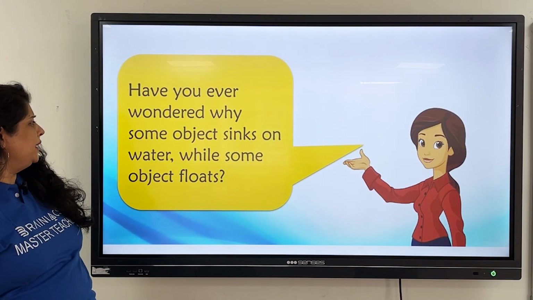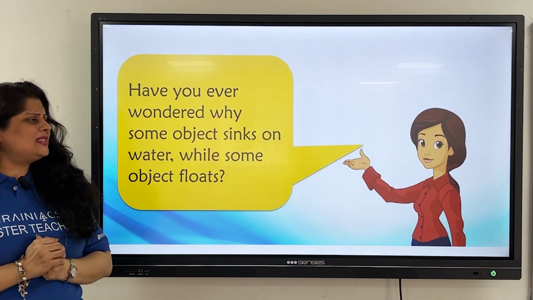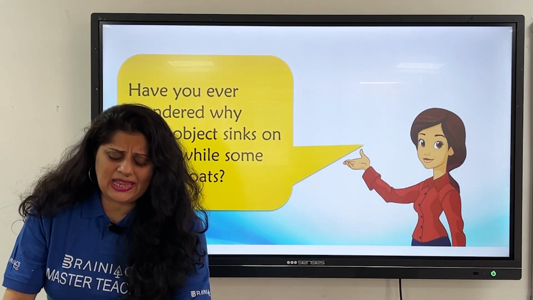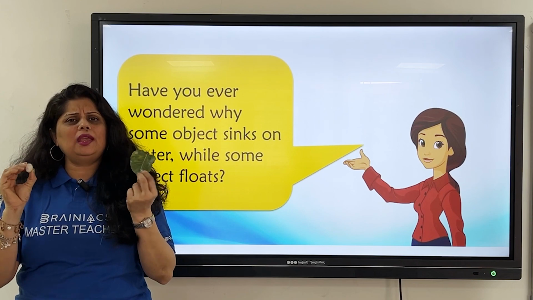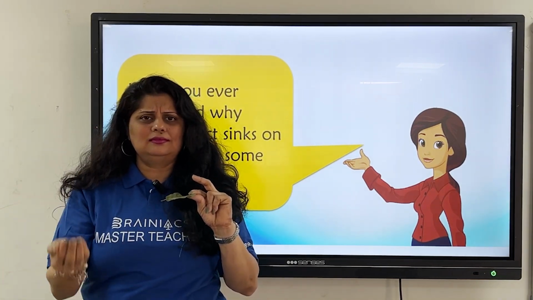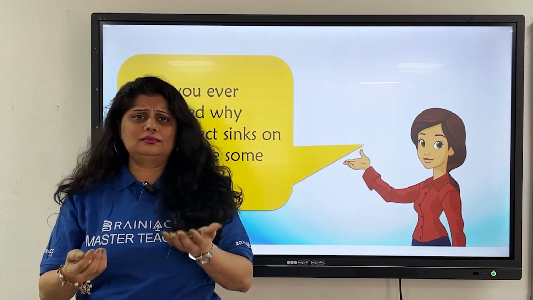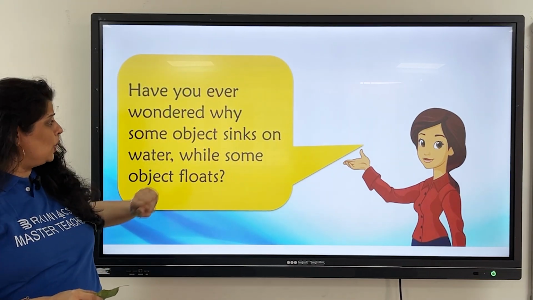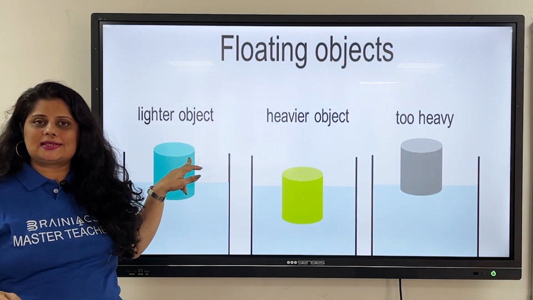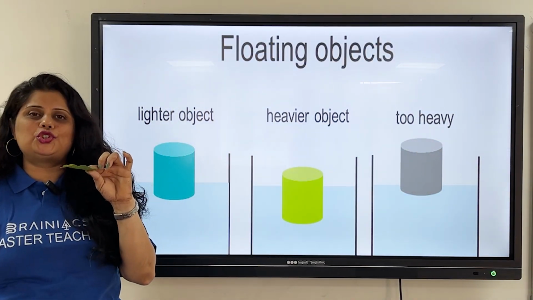Have you ever wondered why objects sink and float? Now when you look at this leaf and this stone, what do you think? Are they both looking kind of the same? No. So, the lighter objects always float on the water.